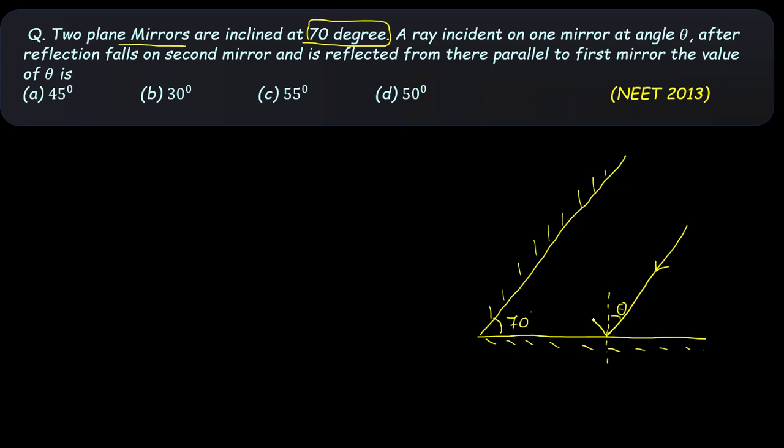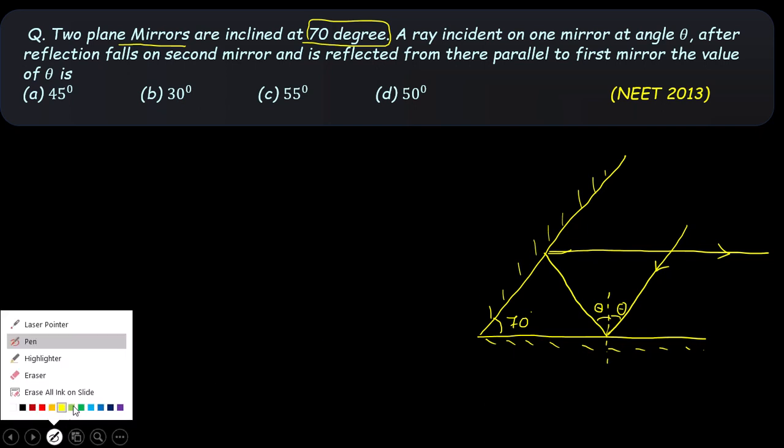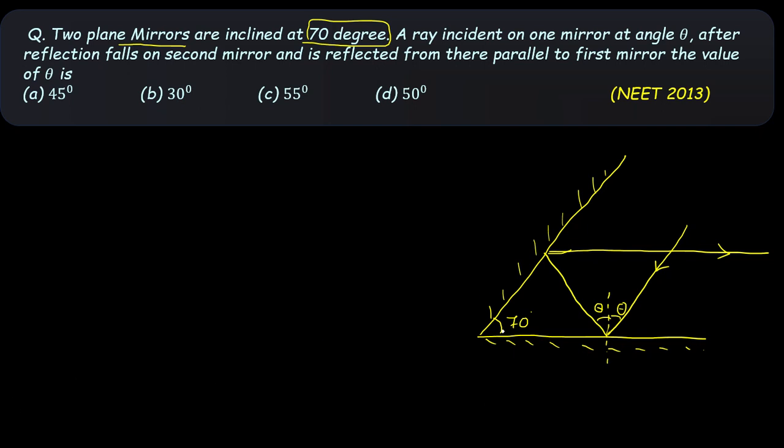Therefore, it will reflect at an angle theta, and then after reflection from the second mirror, it goes parallel to the first mirror. That's the condition. Since the final direction of the ray of light is parallel to the first mirror, if this angle is theta, from geometry this angle will be theta.